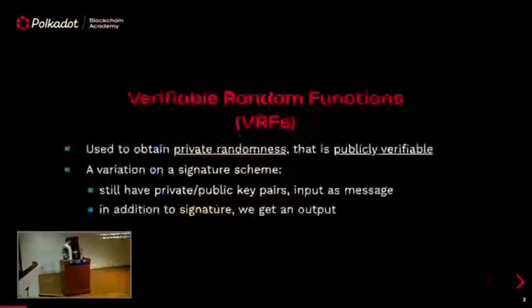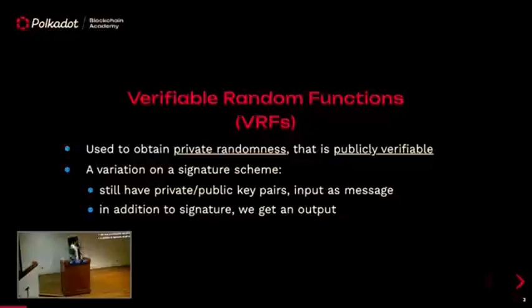So a verifiable random function is used to obtain private randomness that is publicly verifiable. It's almost like a variation on a signature scheme, where you still have your private and public key pairs, and you still take your input, but in addition to a signature, kind of a proof, you get an output.